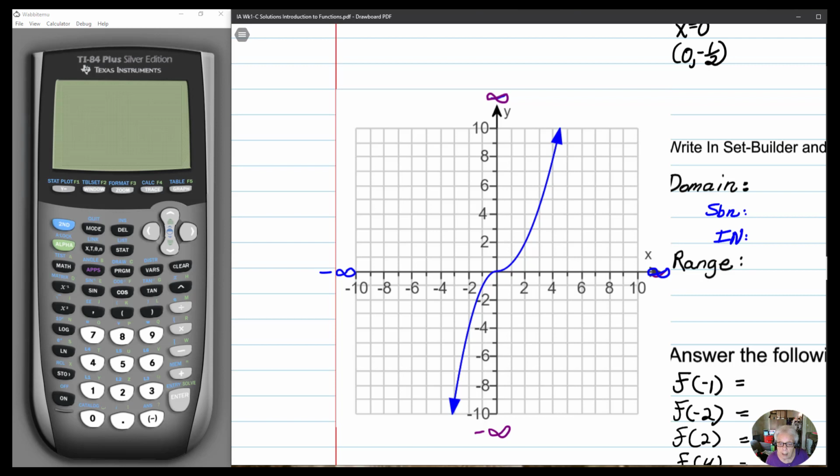Now this graph goes forever to the left and forever to the right. So it takes up the entire x-axis for its domain. That's where it gets all its x coordinates from.